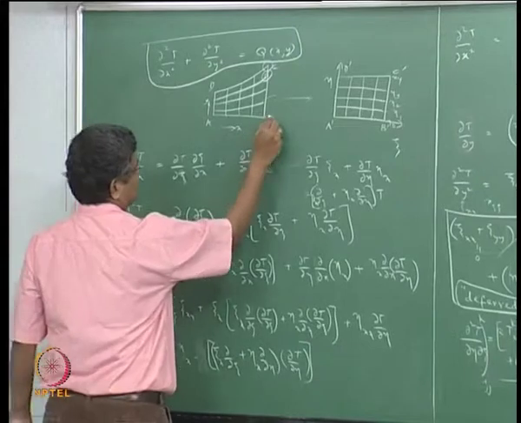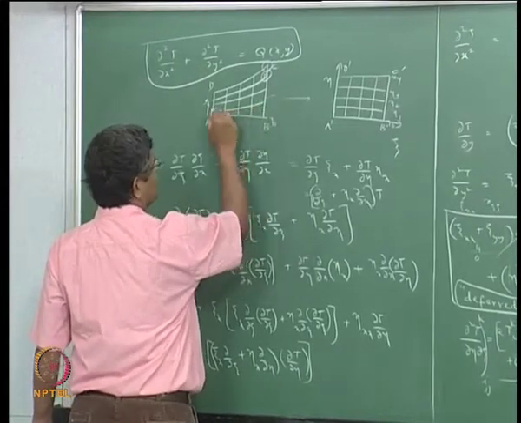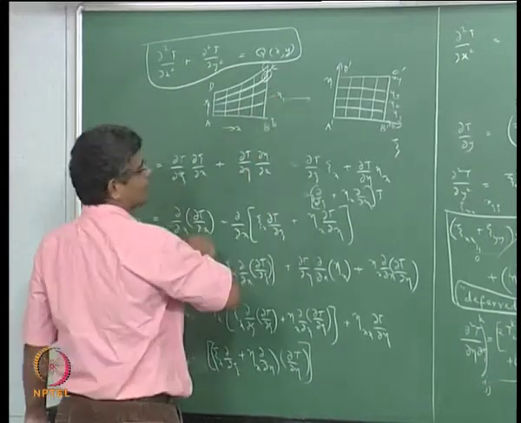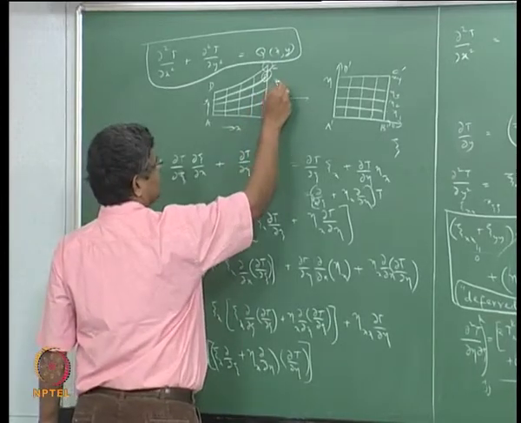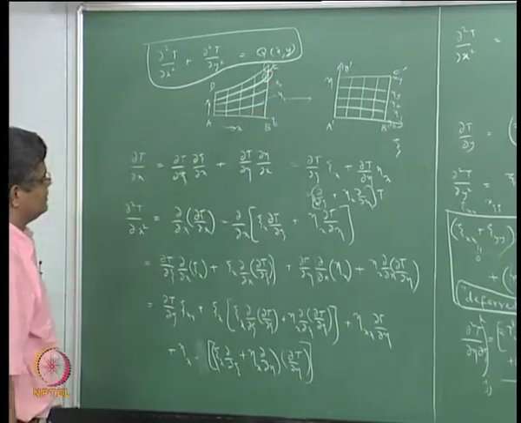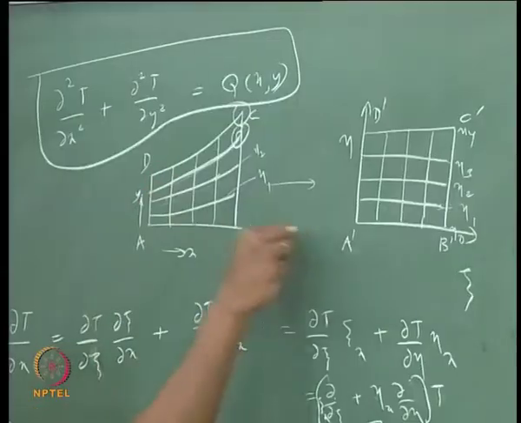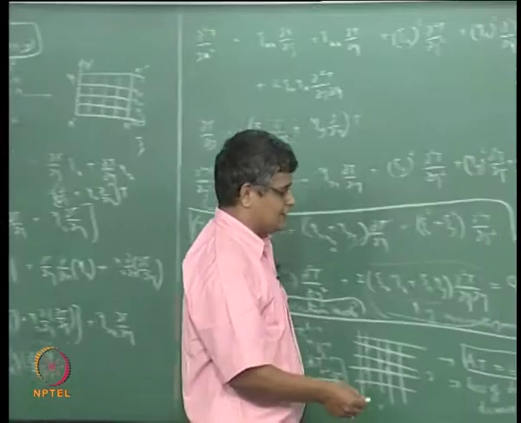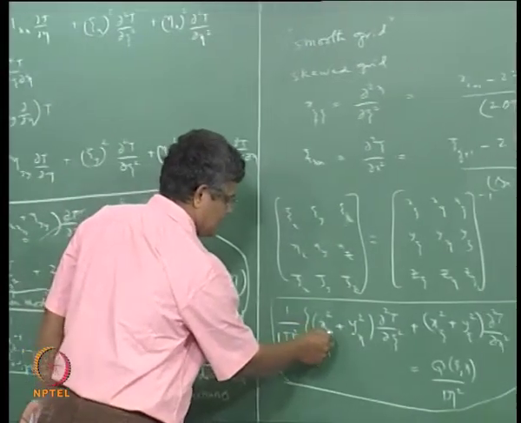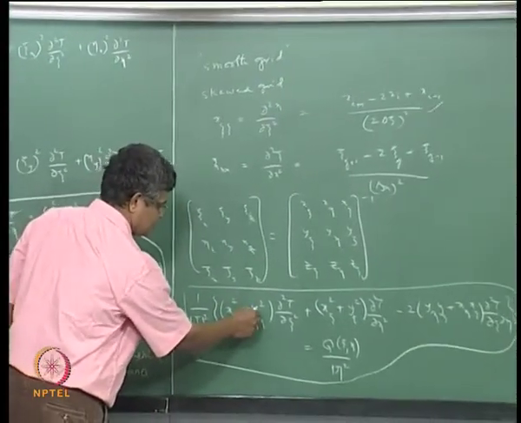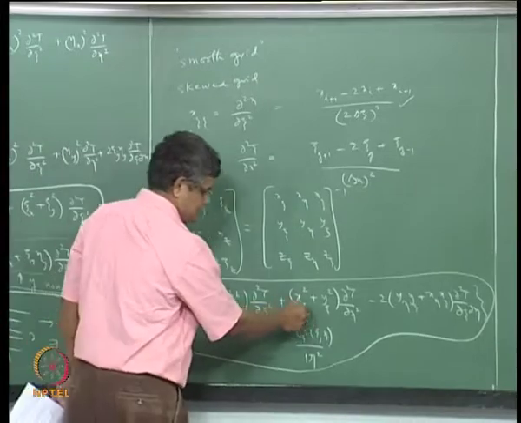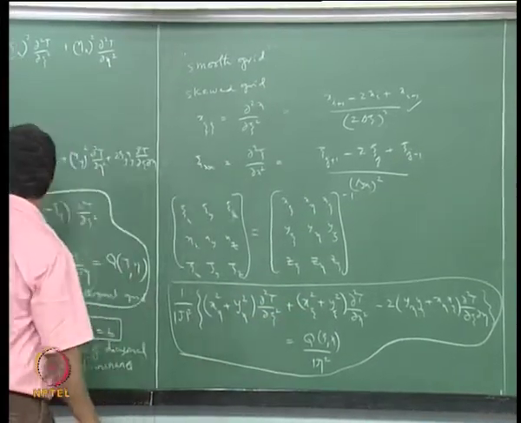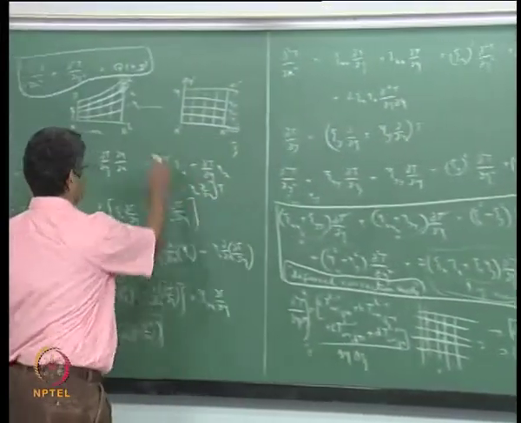On this line eta 1 is constant, this is eta 2 is constant, and eta 3 is constant, and these lines correspond to psi 1, psi 2 and psi naught. So if we want to discretize this, we need to evaluate dou psi by dou eta, dou y by dou eta, and dou x by dou psi, and that comes from the transformation.